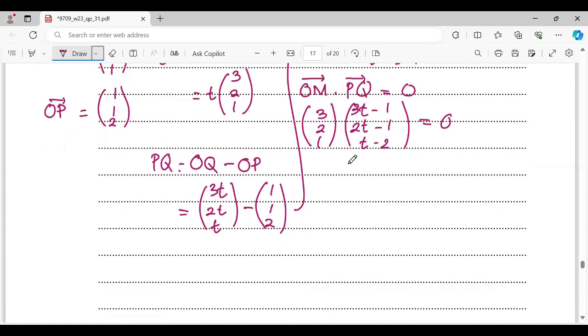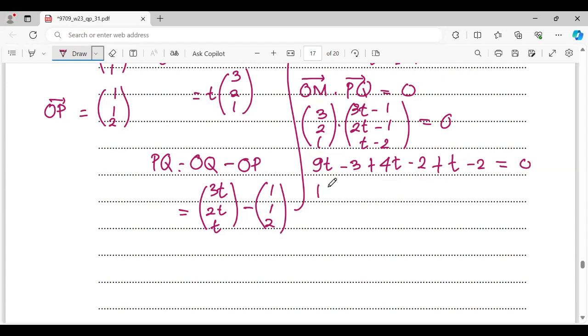Multiplying, 9t minus 3 plus 2 times 2t minus 1, plus 1 times t minus 2 equals 0.